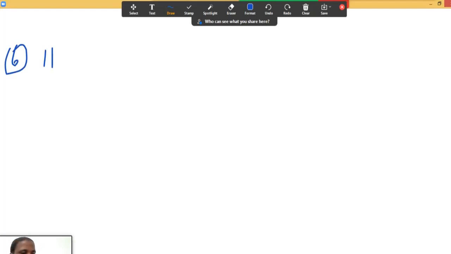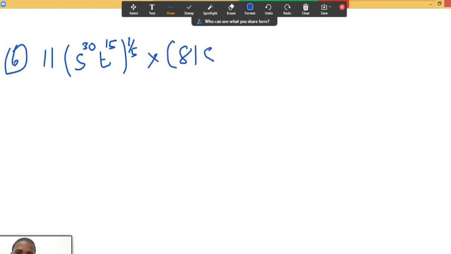This is 11 into s to the power 30 multiplied by t to the power 15, all raised to the power 1 over 5, multiplied by 81 s squared t to the power 12, all raised to half.